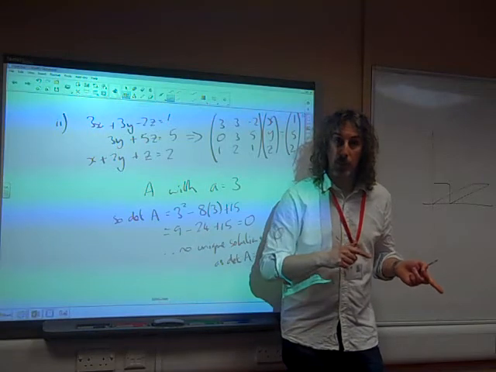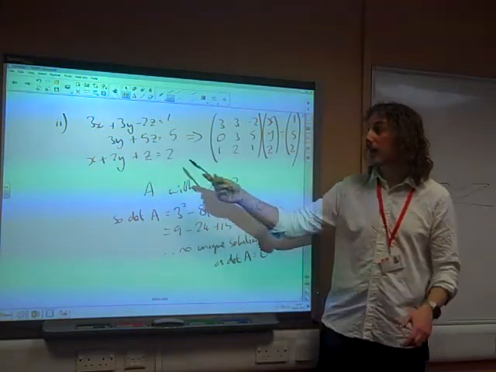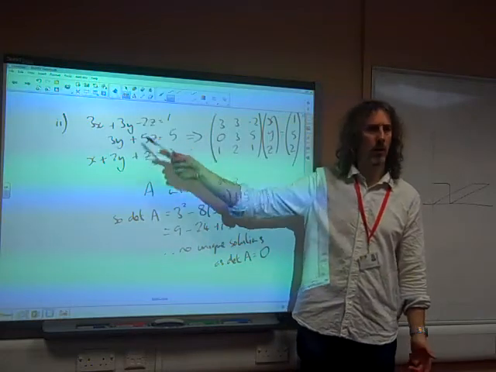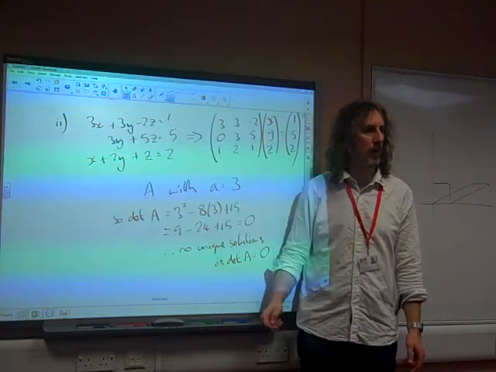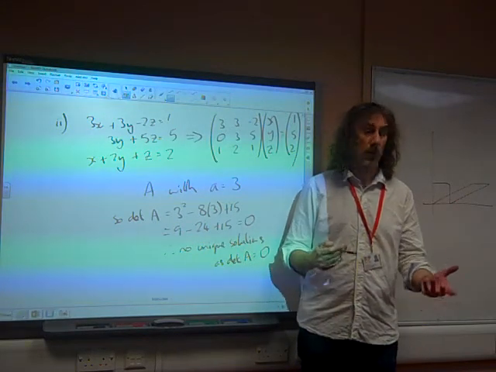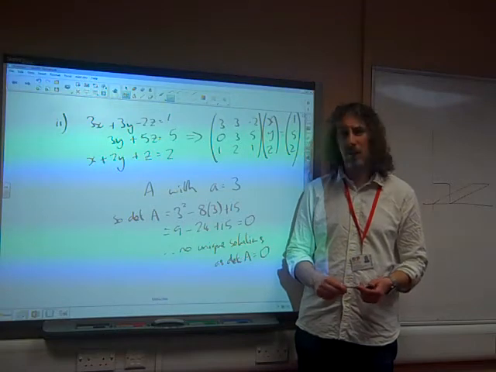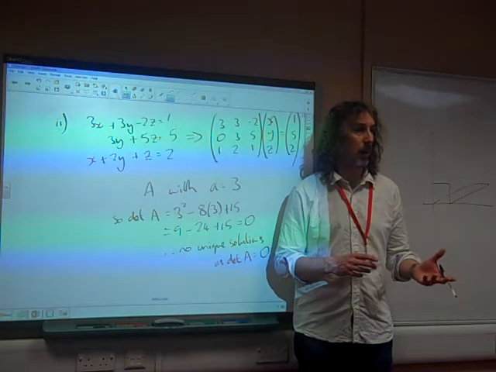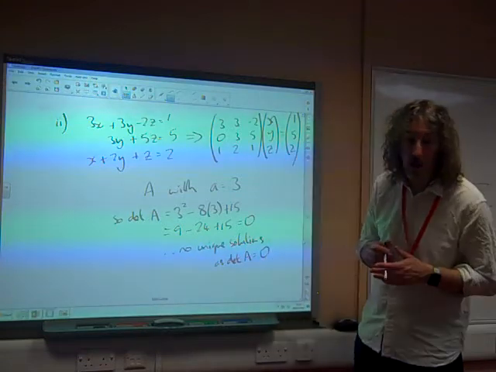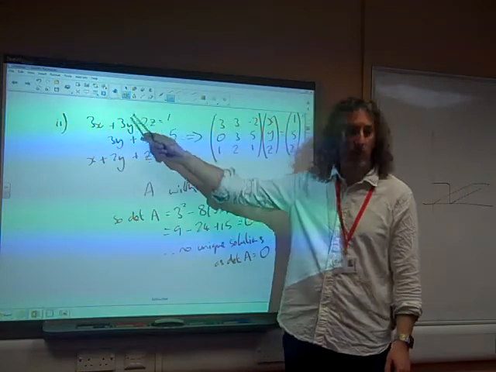The other way of doing it is, can we show that the equations are multiples of each other? That one of the equations can be made by combining the other 2. My approach would be to start by thinking, can I spot that? If I can't spot that, I'll try and solve them. And I looked at these equations and I thought that there are lots of 3's going on here.